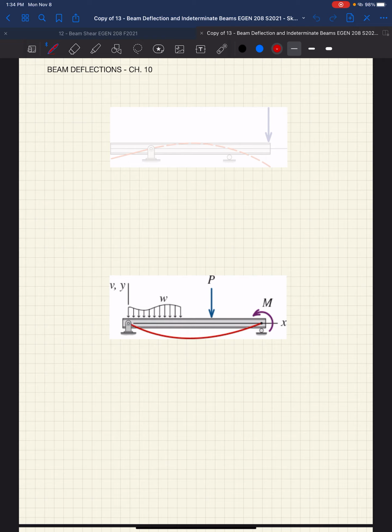Okay, so we're done with beam bending with respect to stresses, normal stresses due to moments, shear stresses due to shear forces, and we're going to jump into deflections. Deflections is all in chapter 10 of the text, okay? All right, chapter 8 and chapter 9 all relate to stresses.